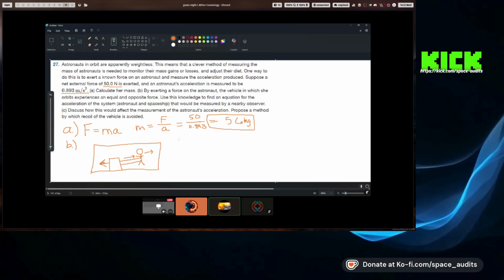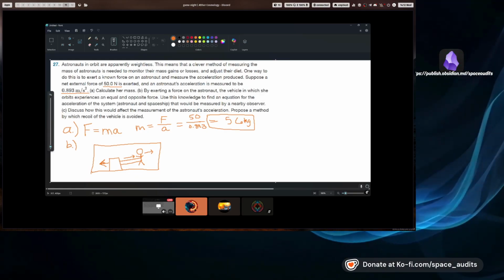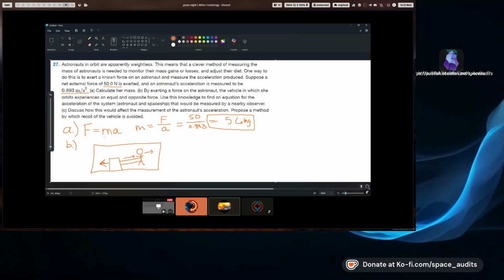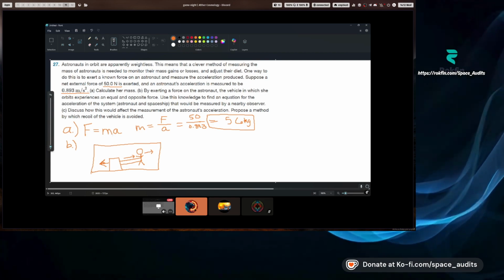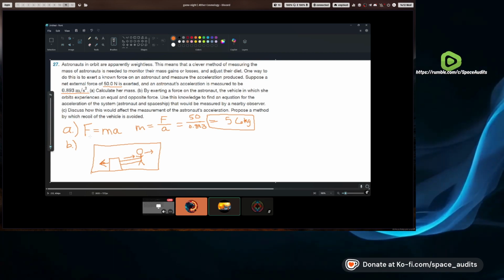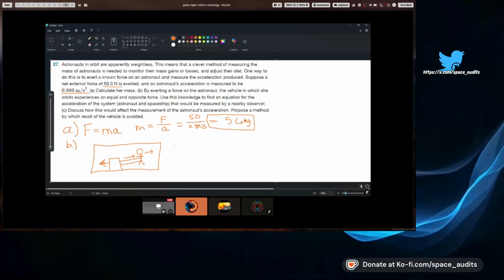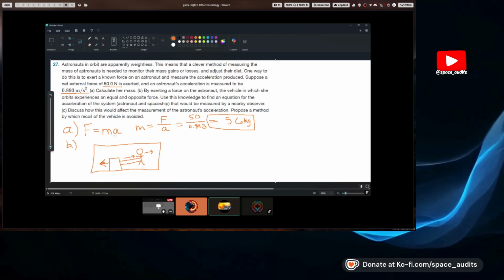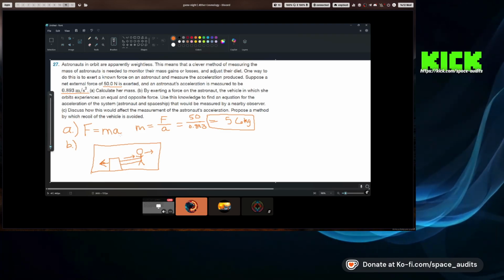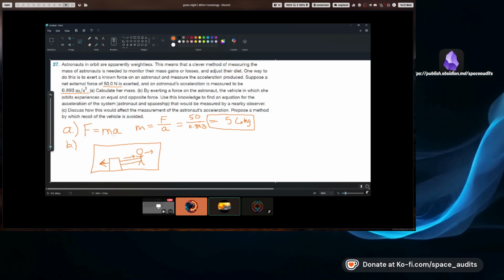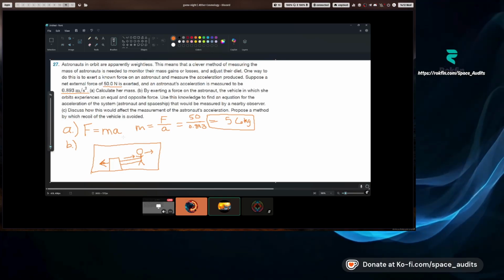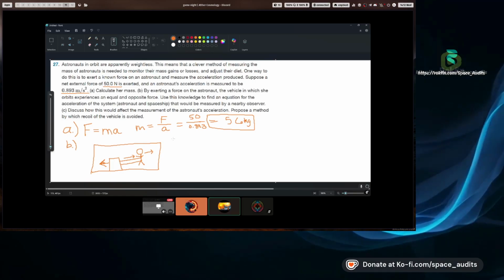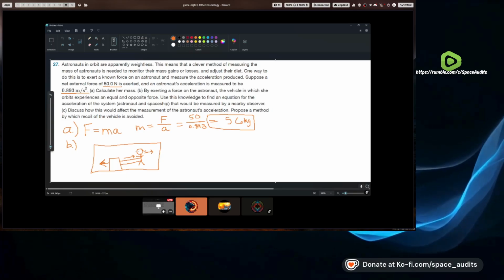So I'll help you real quick. We know F equals ma. Now, what F, what m, what a? Well, F of the ship equals the mass of the ship times the acceleration of the ship. F of the girl equals the mass of the girl times the acceleration of the girl, or the astronaut. I don't know why she's a girl this time. I just made her here. There, she's a girl.